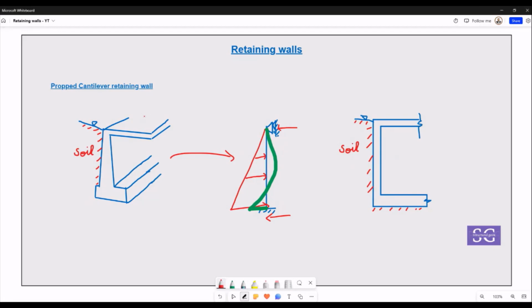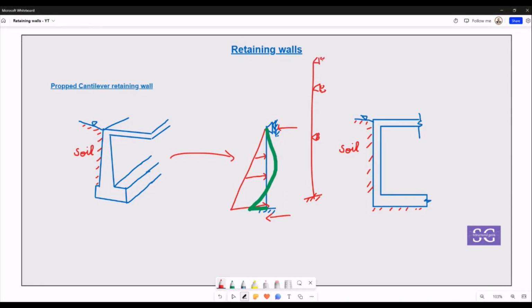Further, these types of retaining walls are most commonly found when you have multiple basement levels. Let's say you have three basements. The frame system will look something like this, fixed at the base, and then at multiple levels it looks something like this, and at the top there is another basement level.